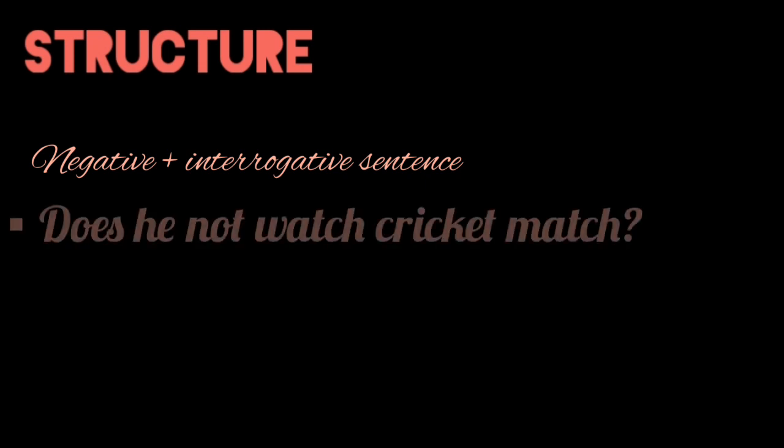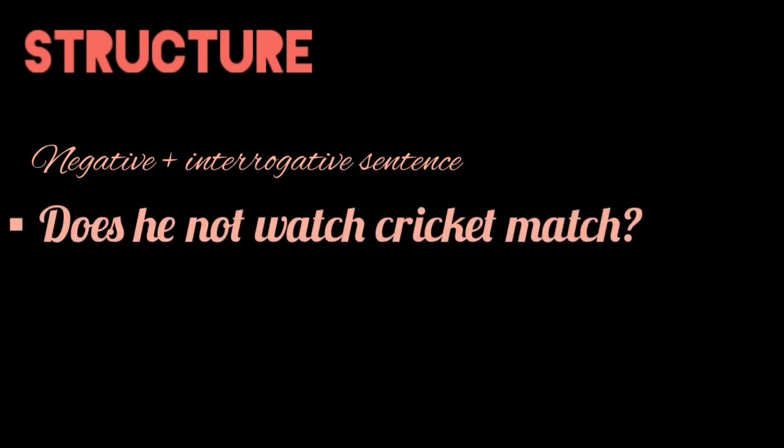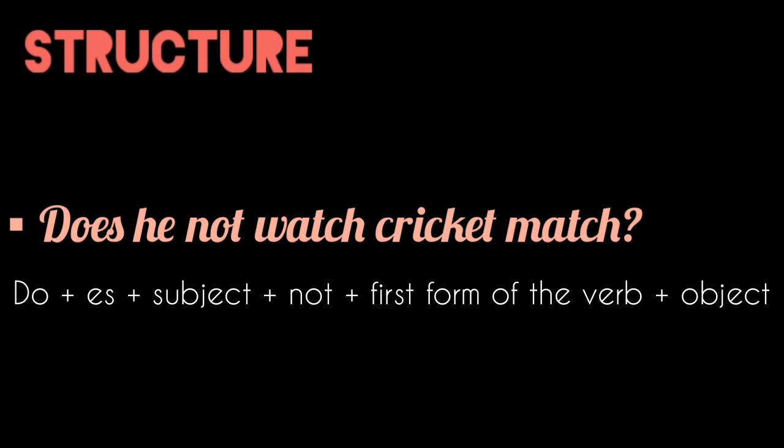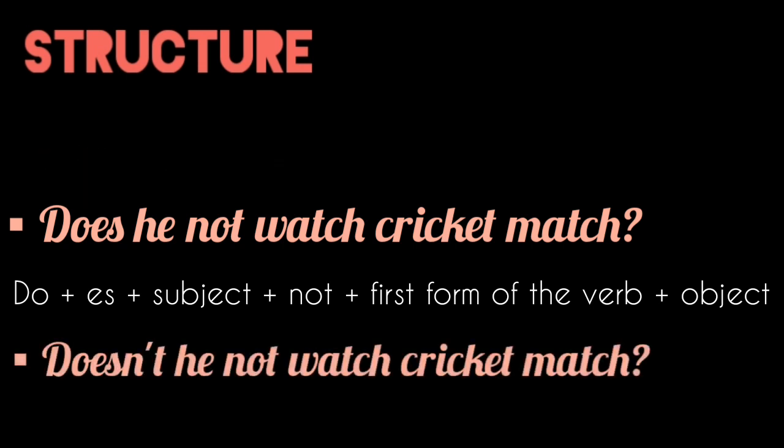Does he not watch cricket match? So here the structure will be does plus subject plus not plus first form of the verb plus object, which may be optional. We can also use the contraction form of does not. So here the sentence will be: Doesn't he watch cricket match? Question mark.